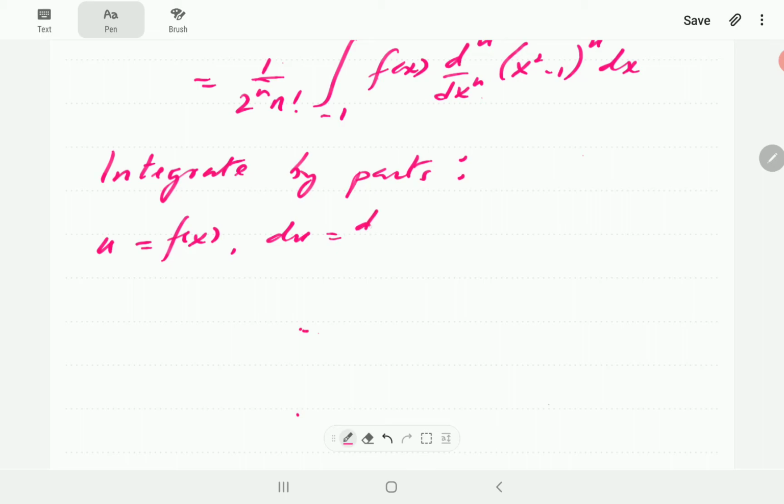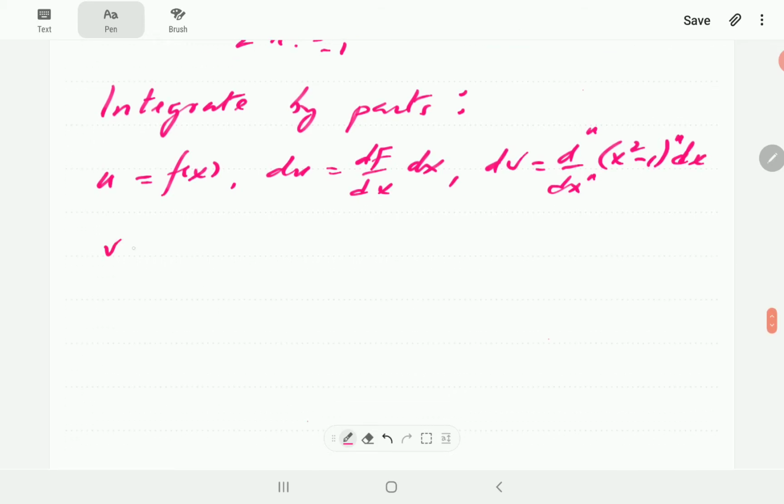So du is going to be df/dx times dx. Then dv is the nth order derivative of (x squared minus 1) to the power n dx, which means v is going to be the (n minus 1)th order derivative of (x squared minus 1) to the power n.